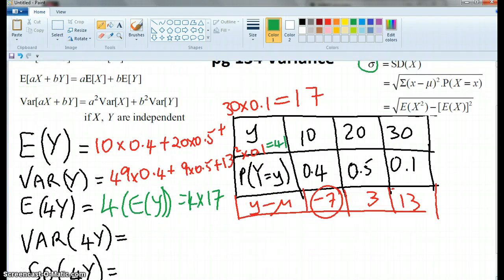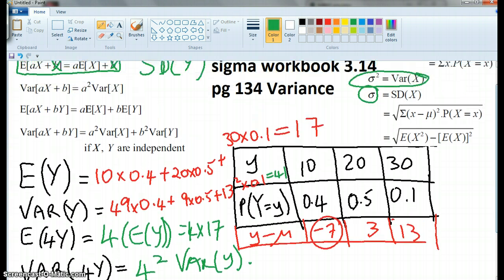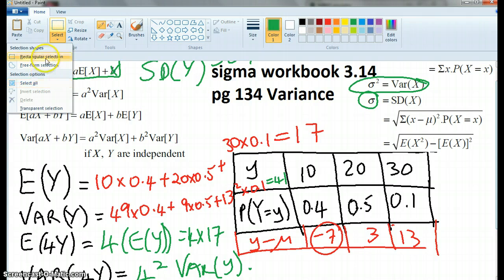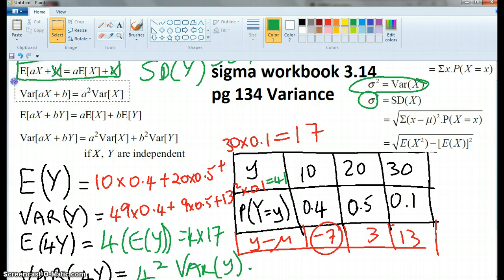Now the var of 4y. So we go 4 squared times var of y. Because your formula for var is here, so we grab that.